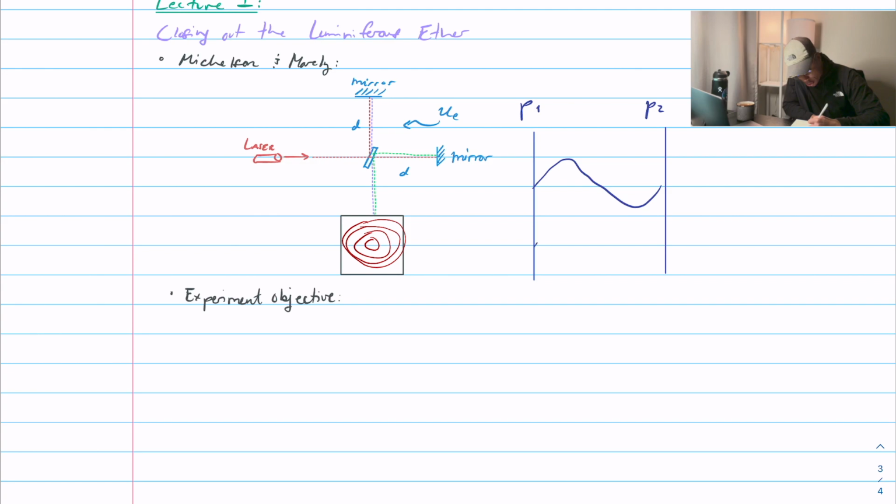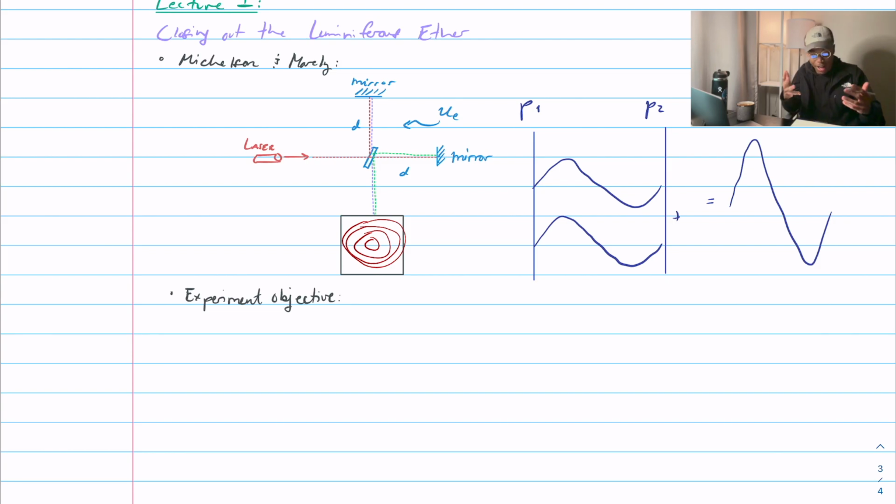Now, if you have another wave here that is in phase, meaning every point on each wave coincides exactly, then what you'll end up with is a constructive interference pattern. And what you'll see is that the amplitudes will actually increase. So they add.